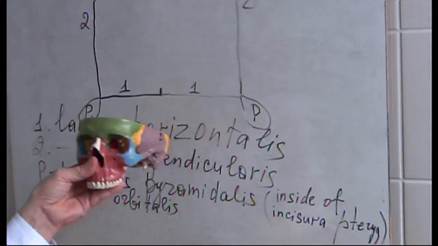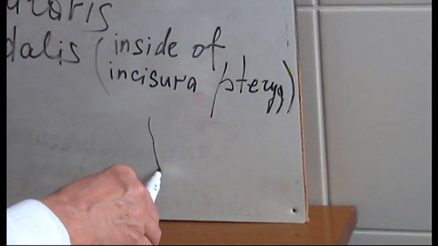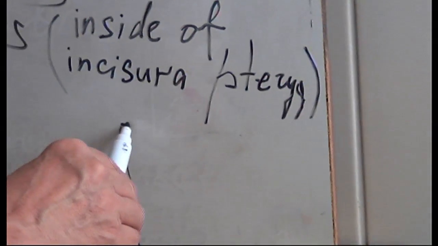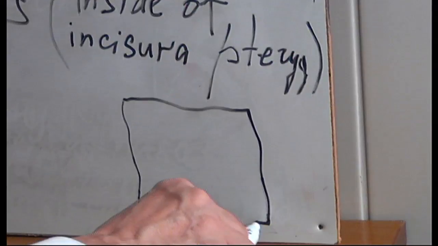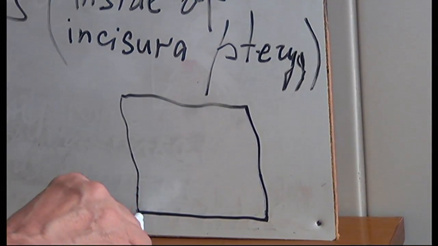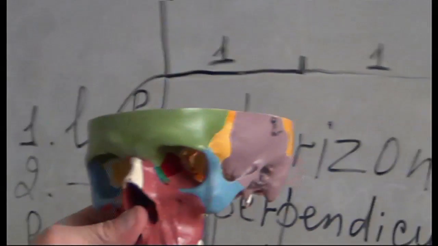I try to demonstrate the orbit schematically here. Let it be the left orbit. This square is the aditus ad orbitam, the base of the orbit.